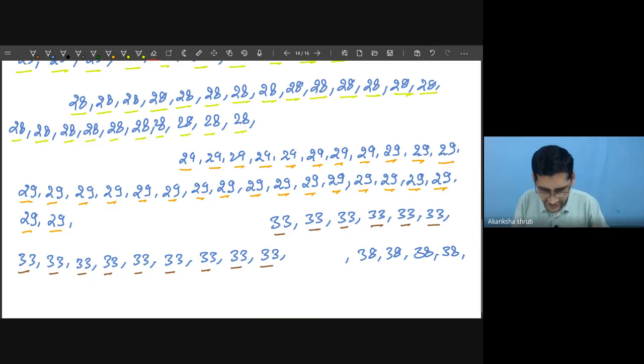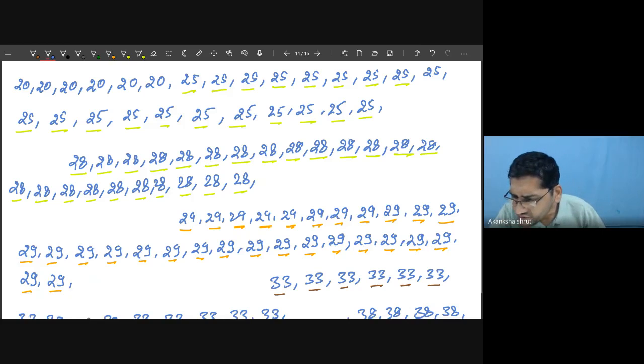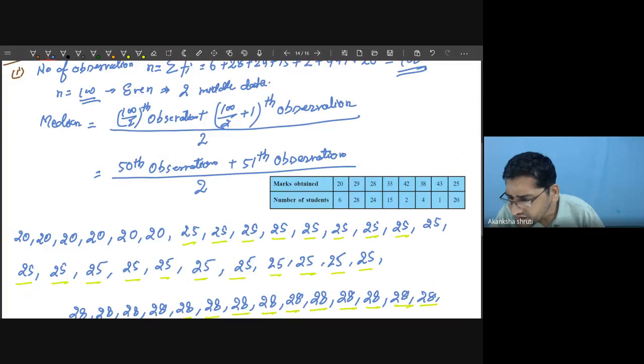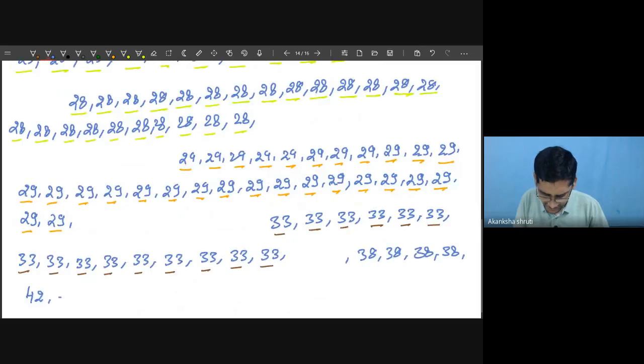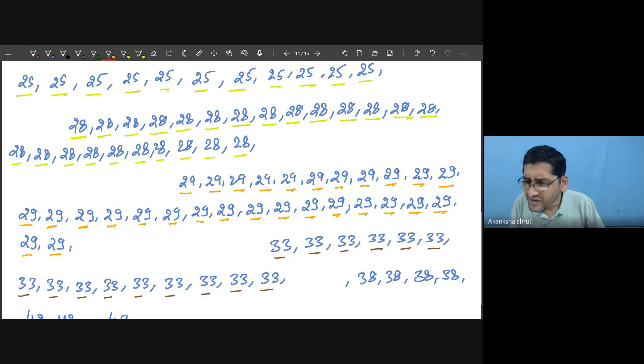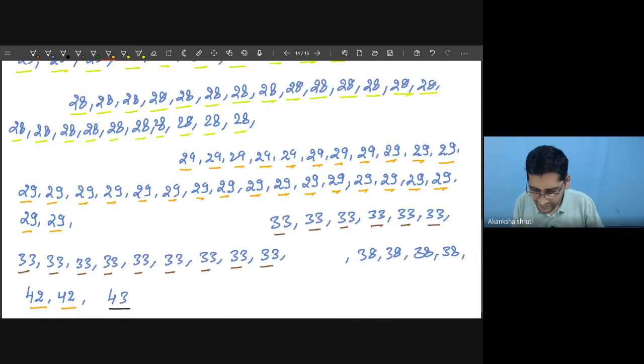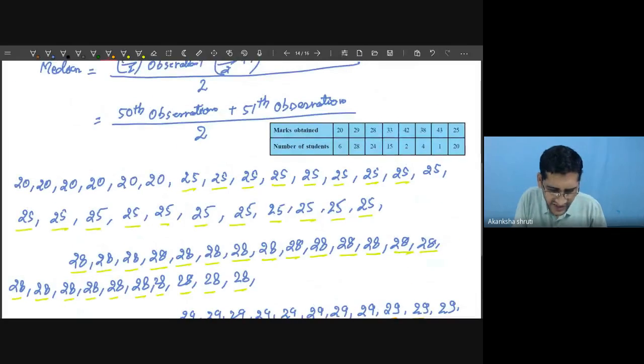After this there is 42, 2 times. 42 is over, 2 times. Then 43 is 1 time. 42 and then 43. Students, be careful. It is 1 time. It is our 2 times that we have taken. Now is it okay? Very first is the 6 times that we have taken.